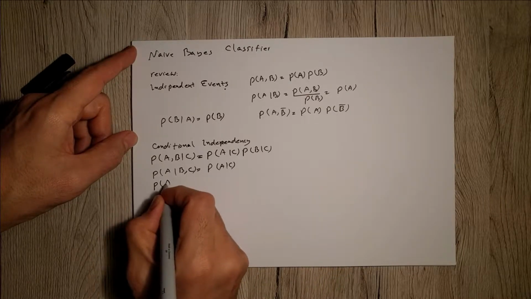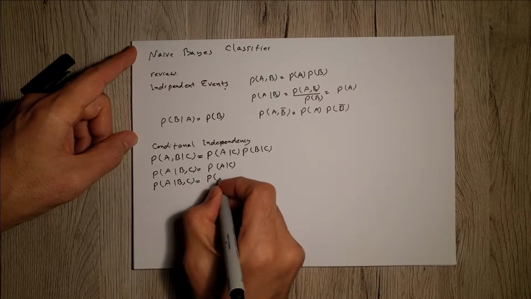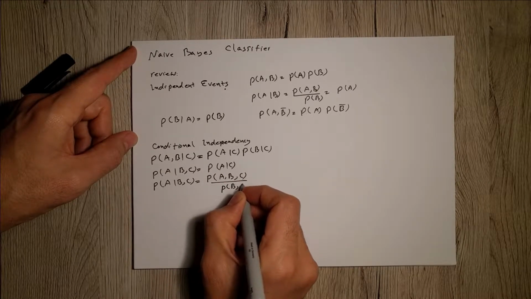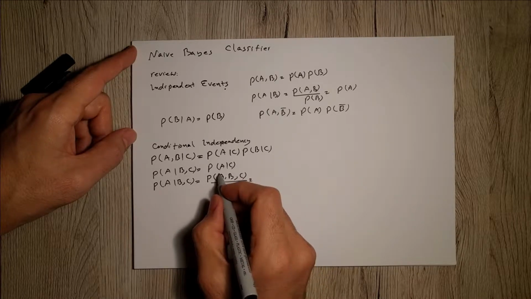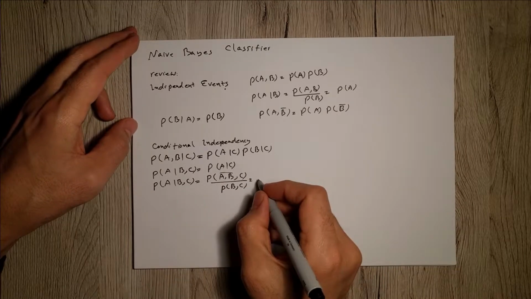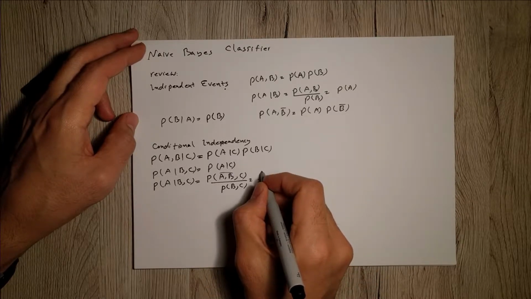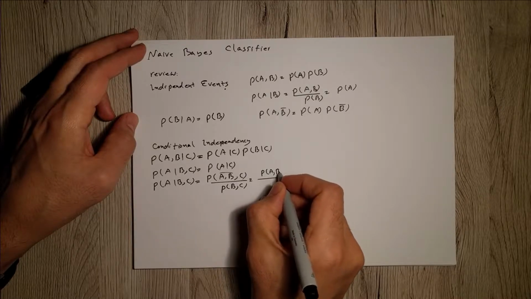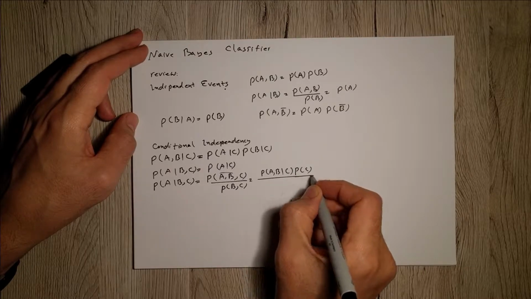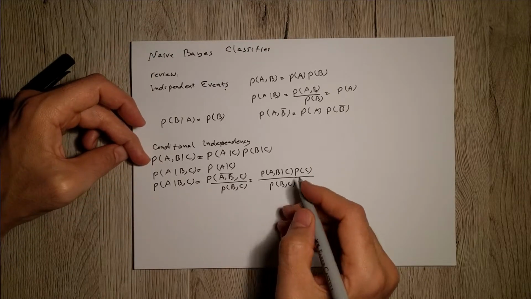Probability of A given B and C, use the Bayes rule: A, B, C over B and C. Now if I take these two as one variable called D and use the Bayes rule, I can write it as probability of A and B given C multiplied by probability of C over probability of B and C. And here I use this line.